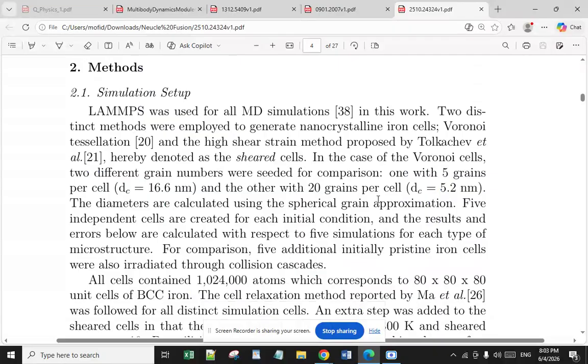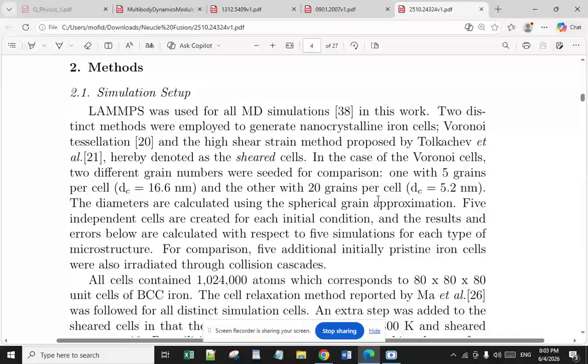In the case of Voronoi cells, two different grain numbers were seeded for comparison, one with 5 grains per cell, with d equal to 16.6 nanometers, and the other with 20 grains per cell, with d equal to 5.2 nanometers.